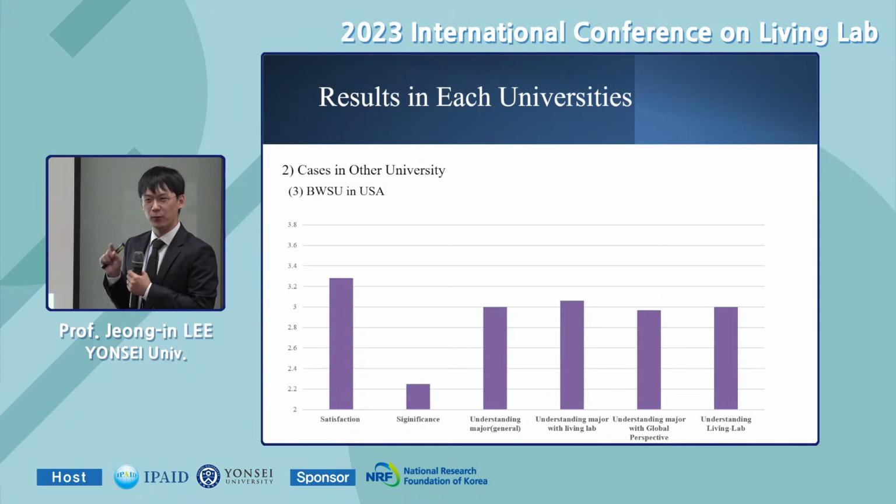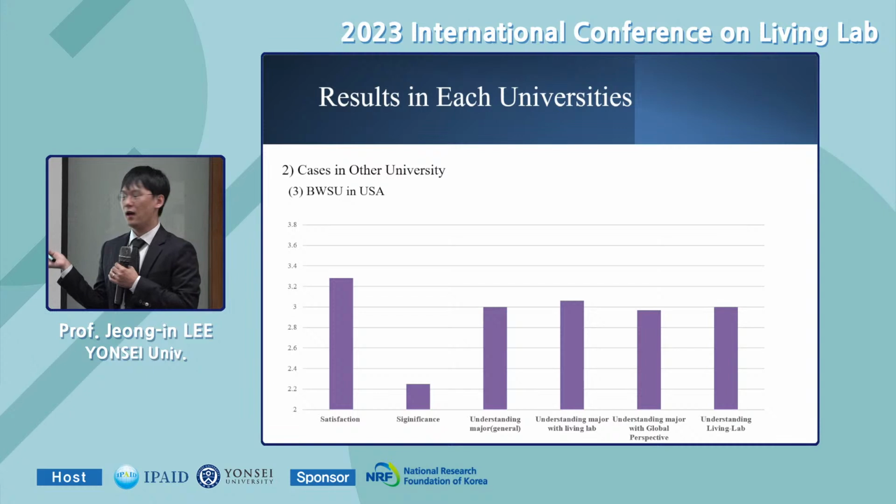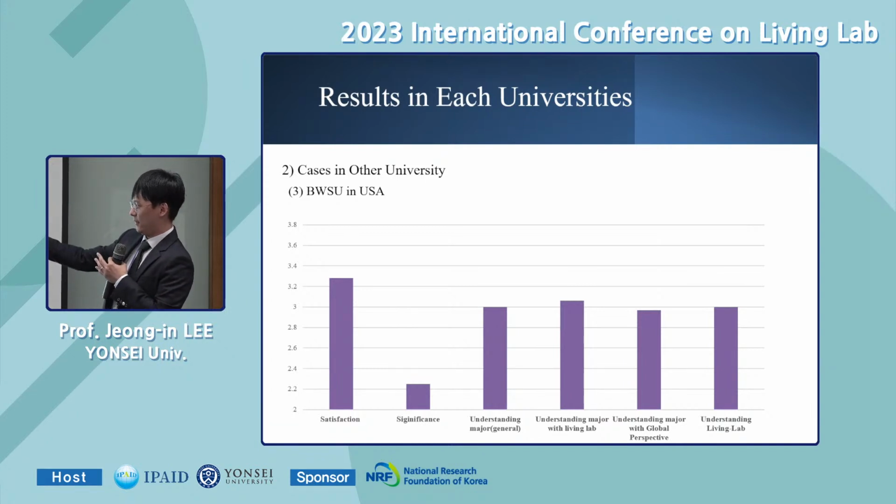But it's not that low, because the perfect score is 4, and this is very close to the average. I think it's because the sample number in USA is just 6, and one participant checked the lowest score in this category, so we see an apparent difference.